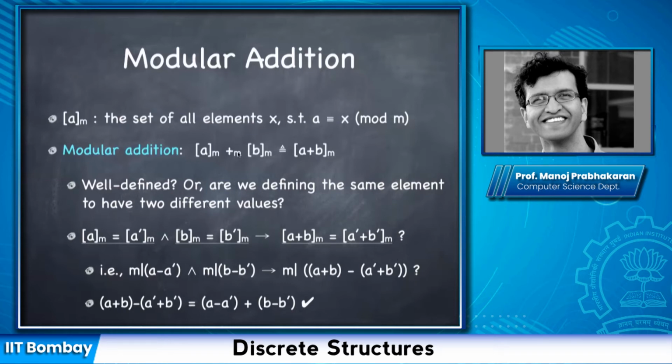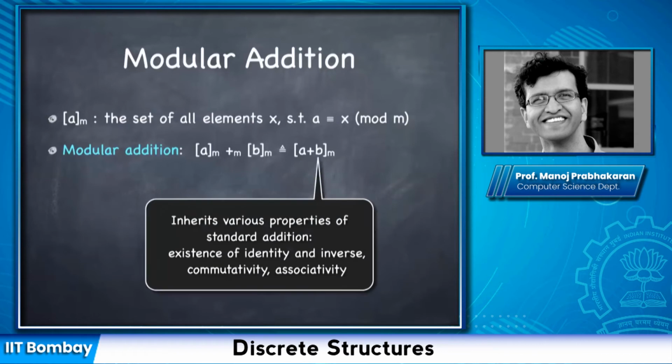And the nice thing about modular addition is that it inherits all the nice properties of standard addition. So, existence of identities, right? So take a equal to 0.